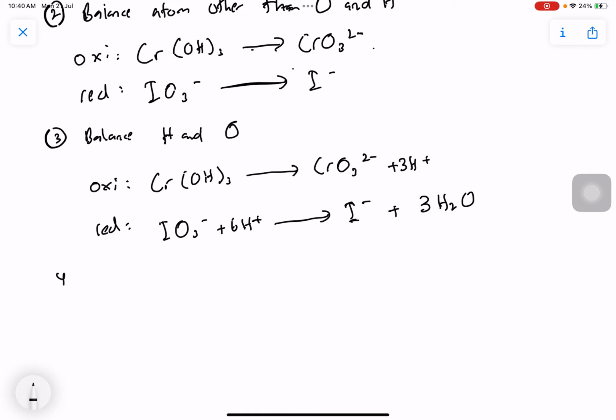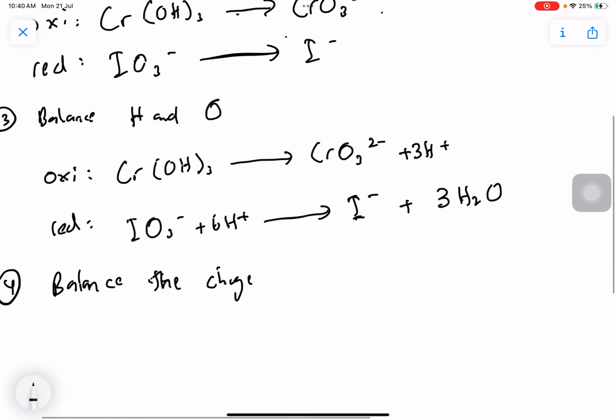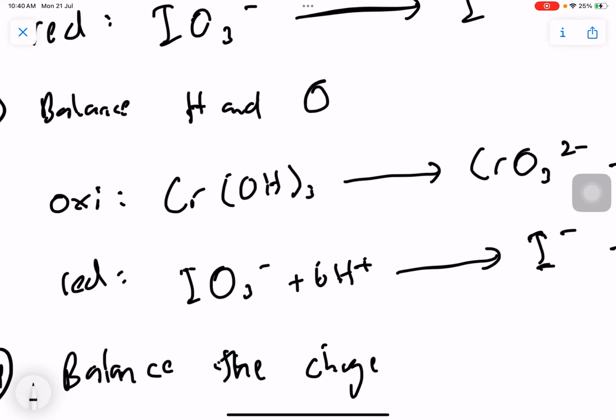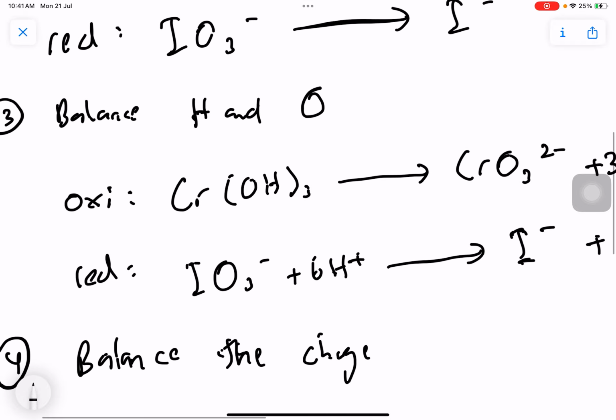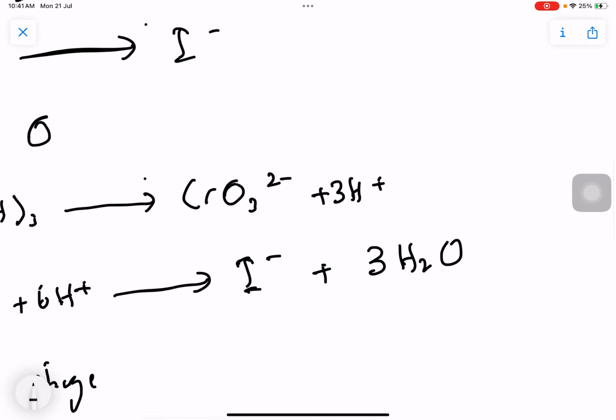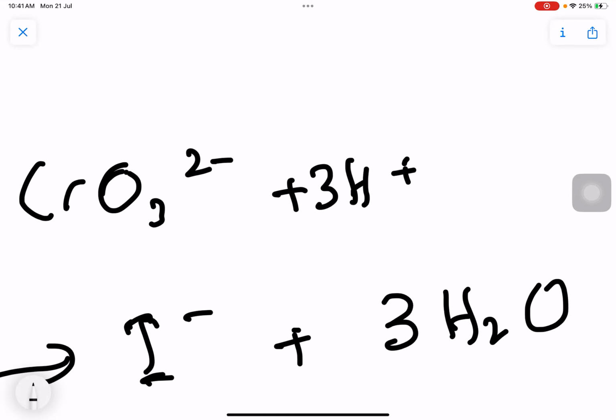And then number 4, balance the charge. From number 3, we can count the charge at the left side and the right side. For the reactant in oxidation, we have 0 charge. For reduction, minus 1 and plus 6 because we have 6 H plus.